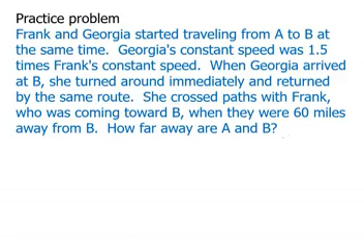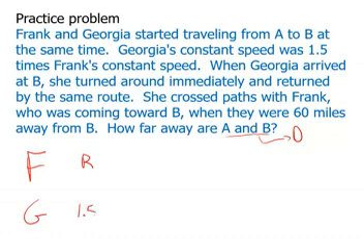So I'm going to use the variable D for the distance between A and B. So that's the variable that we're looking for. Frank has a rate of R. Georgia has a rate of 1.5 times that, so 1.5R. Georgia goes all the way from A to B, and then she comes back 60 miles. So the total distance that she covers is D plus 60.